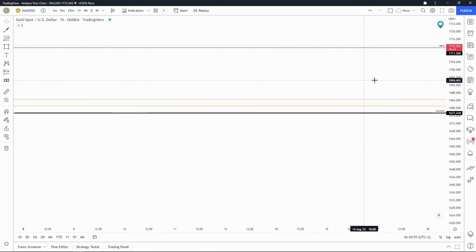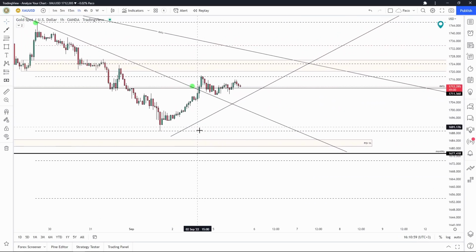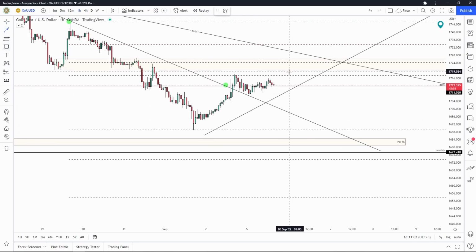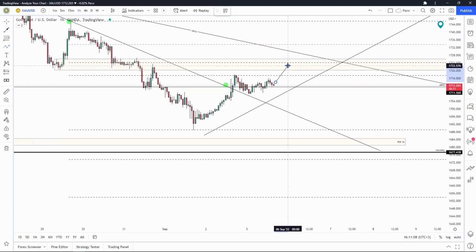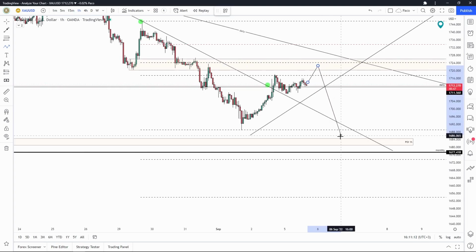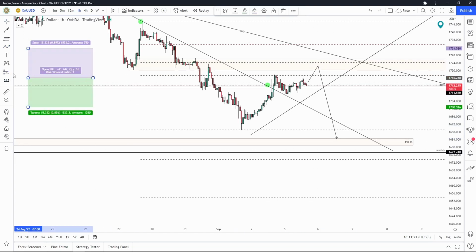So let me go to the right. Now we expect that, let me use the pot, the price can reach this zone, form a formation of candles on 61.8 on Fibonacci, and return to this level again, where we're going to enter a long position.